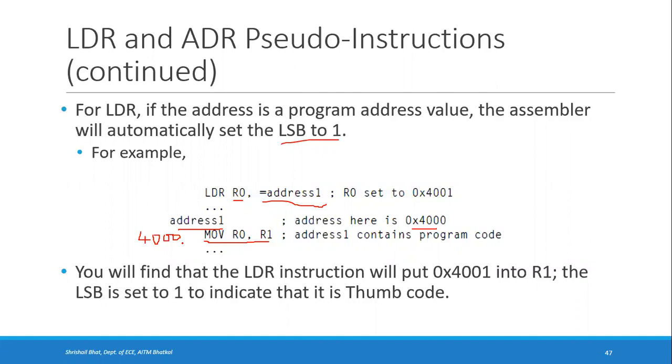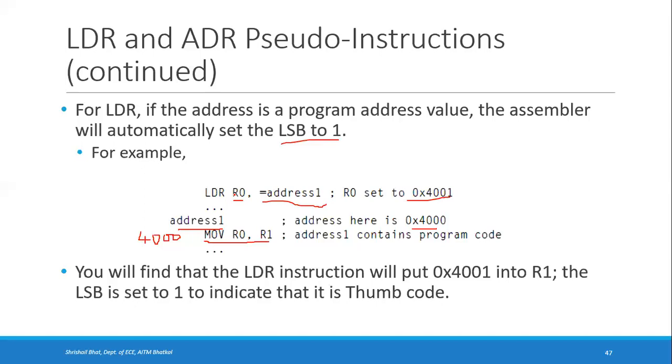But for an instruction, the address LSB has to be 1. That is why by default R0 will be set to 4001. The next odd number will be assigned to R0.